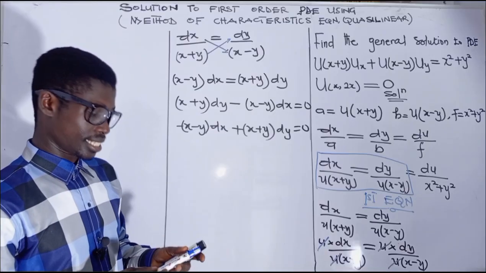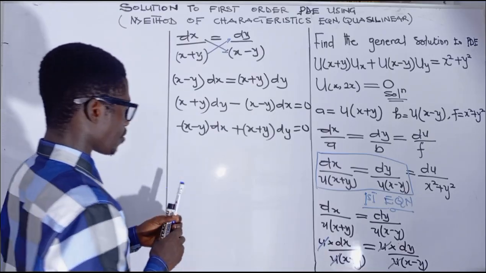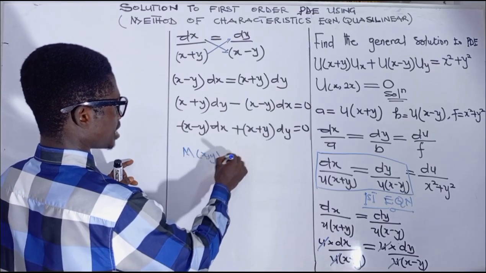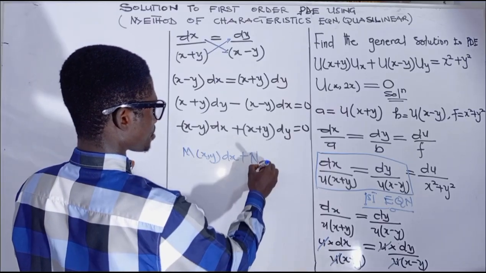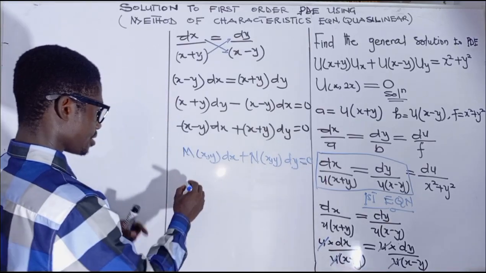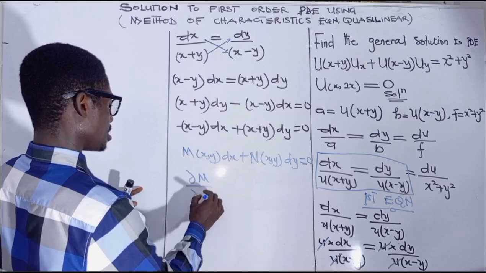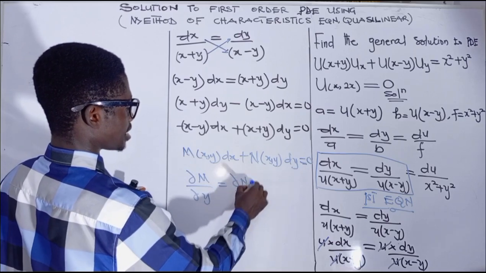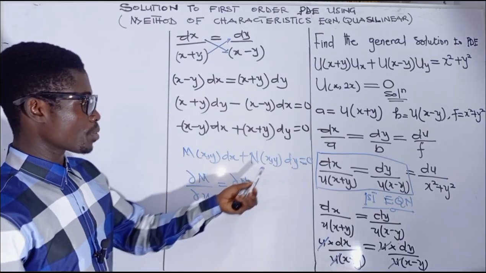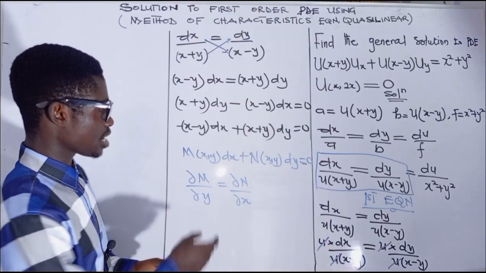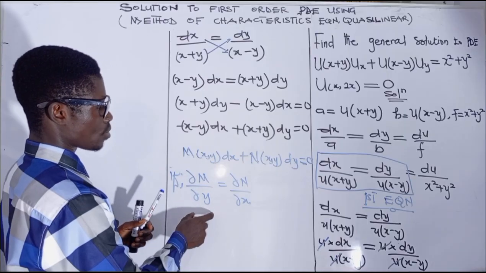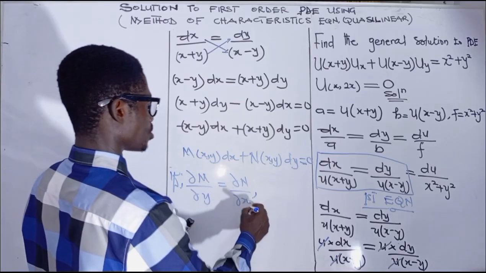We learned that when you have a differential equation of the form M(x, y) dx plus N(x, y) dy is equal to 0, if del M del y is equal to del N del x, then the equation is said to be what? Exact. This is what we look at when we're looking at ordinary differential equation. So if you have a differential equation of this very form, and del M del y is equal to del N del x, then the equation is said to be exact.